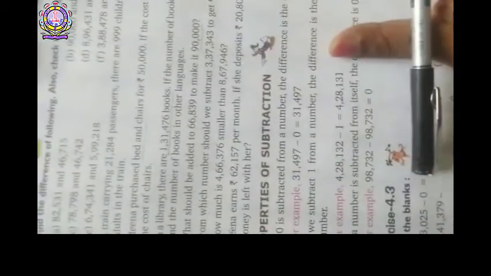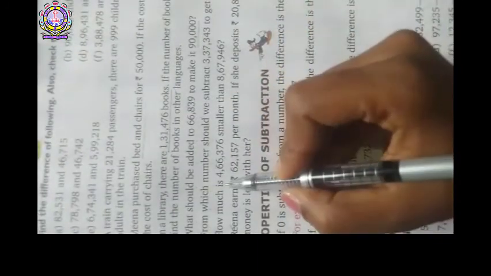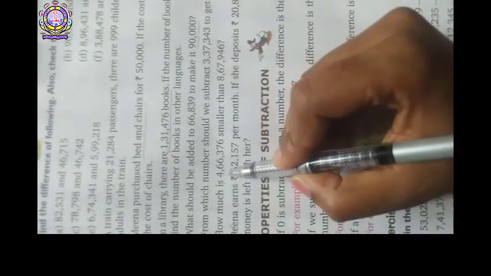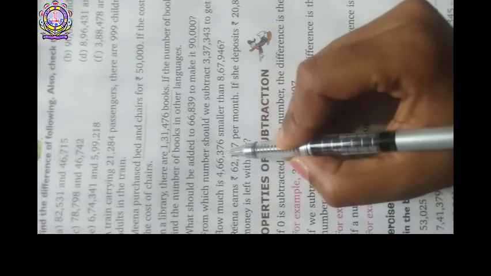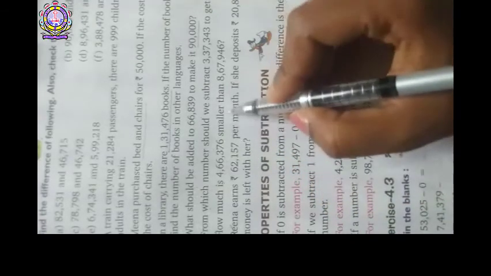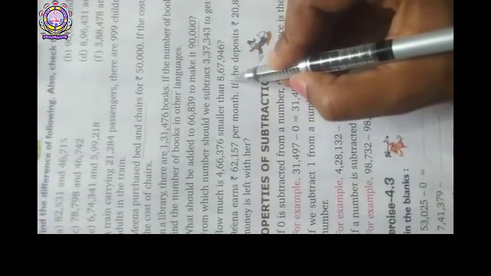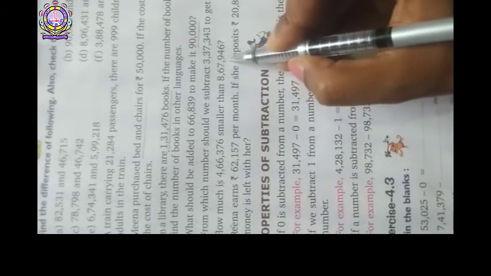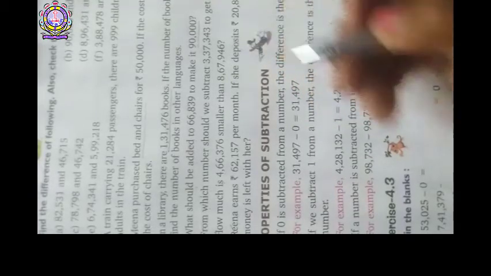How much is 4,66,376 smaller than 8,67,946?